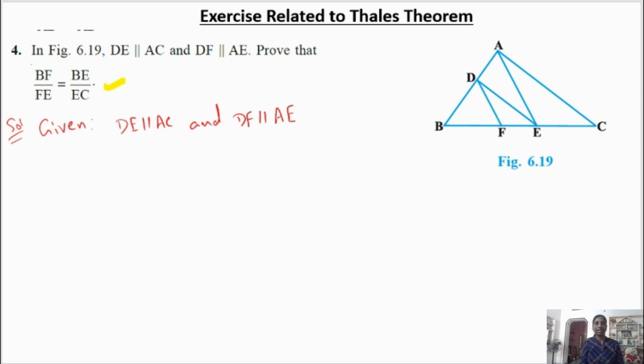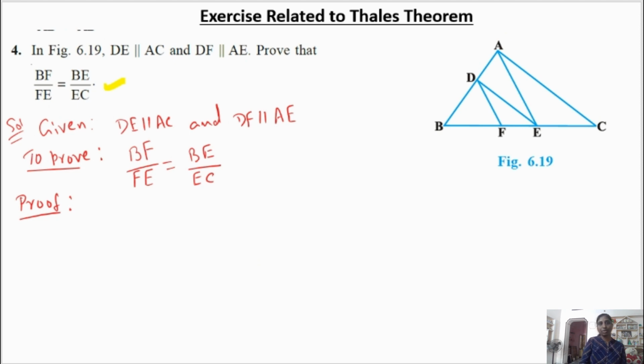Now, to prove, what do we need to prove? BF by FE is equal to BE by EC. Now we have to start the proof. So first one, what is given here? DE is parallel to AC.